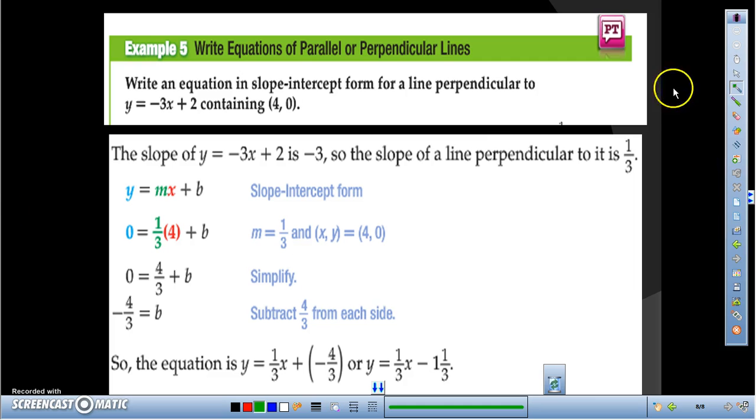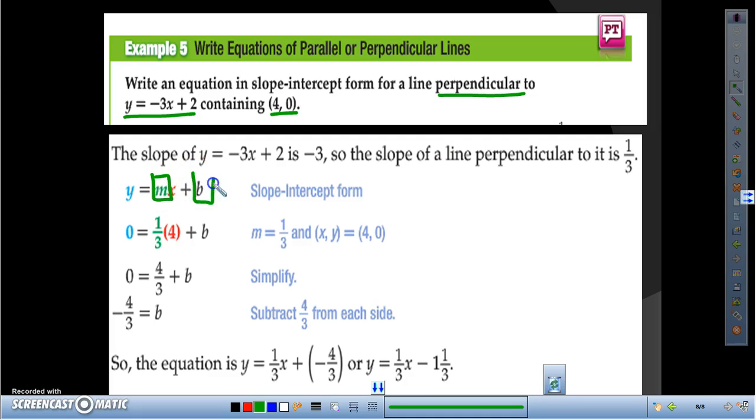So if I am given to write an equation in slope-intercept form for a line perpendicular to this line and containing this point, well, let's think about the things that I need to write an equation in slope-intercept form. I need the slope value, and I need the y-intercept value.